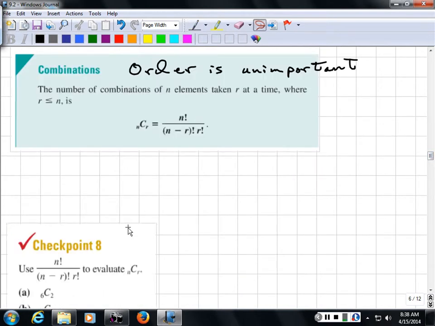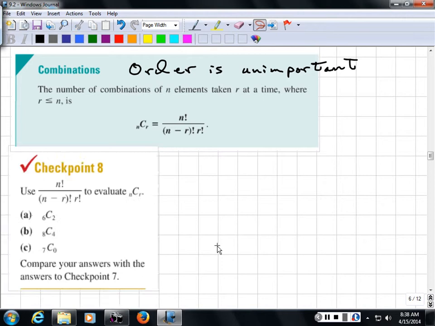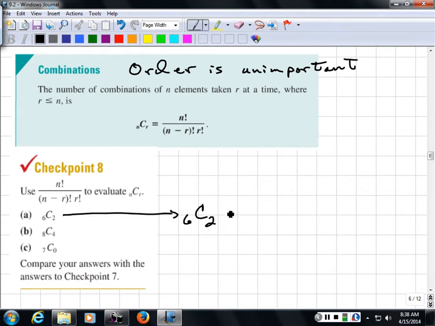So checkpoint 8 says use the following to evaluate nCr. Well, I can do that, or I can use my calculator and use the nCr key. But let's look at the first one, part A. Well, this right here, 6C2, is going to be equal to 6 factorial over 6 minus 2 factorial times 2 factorial.